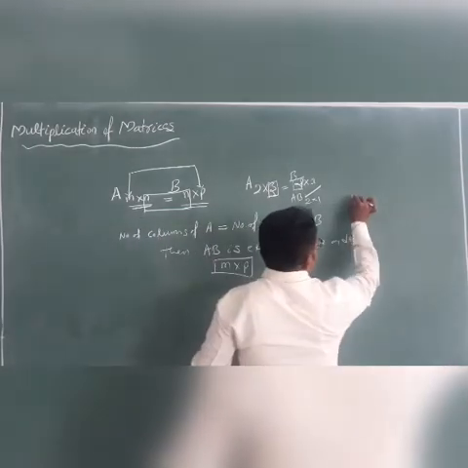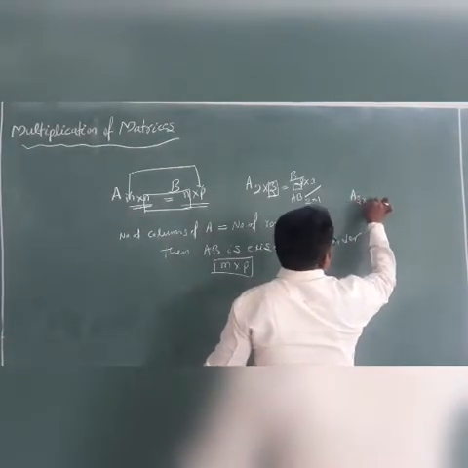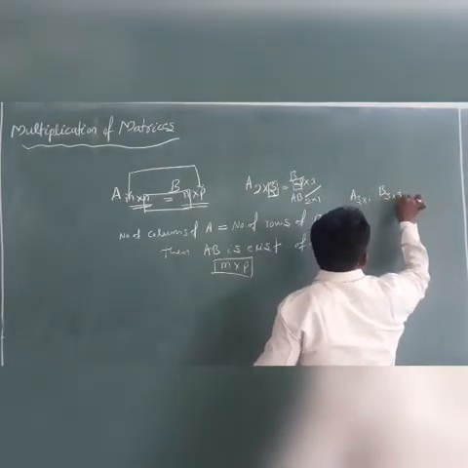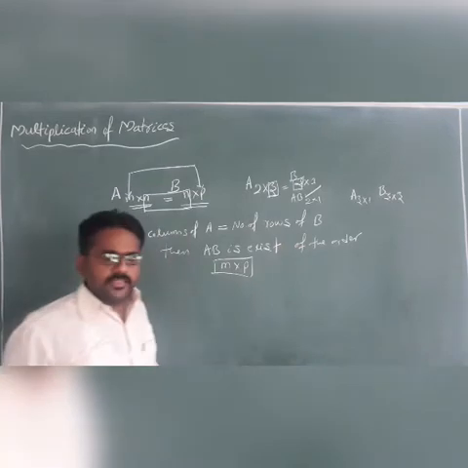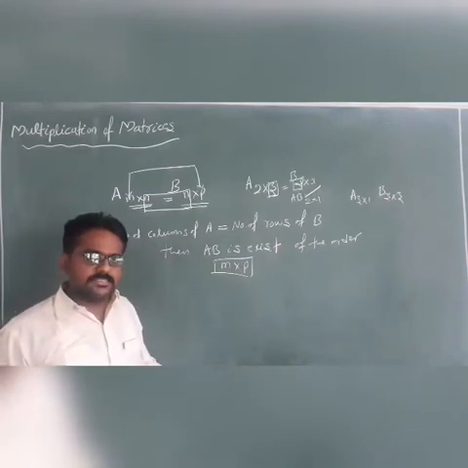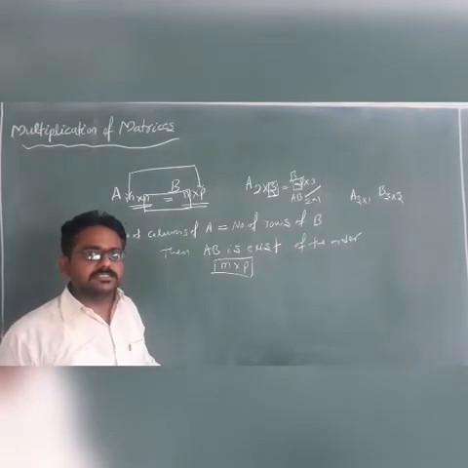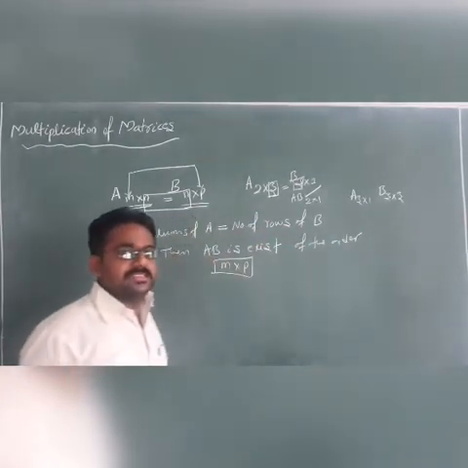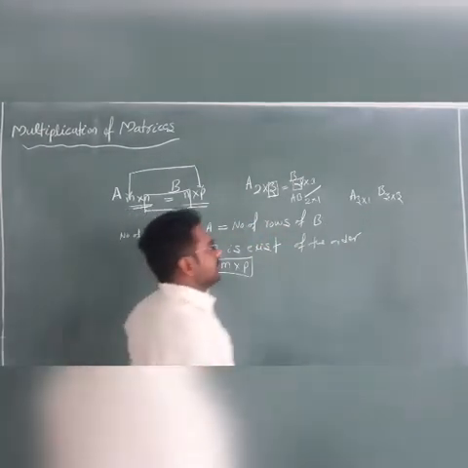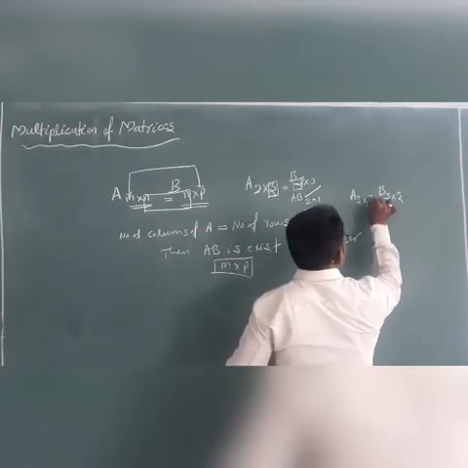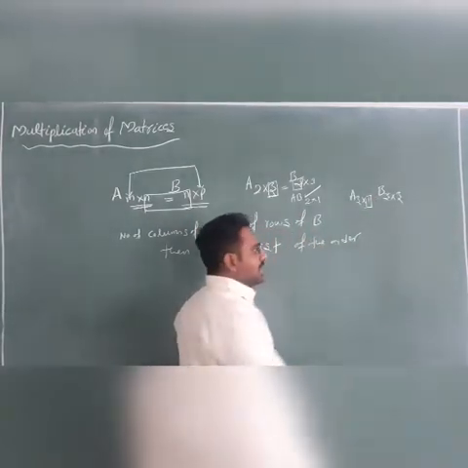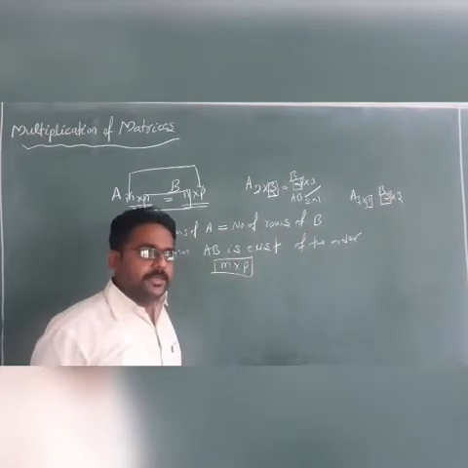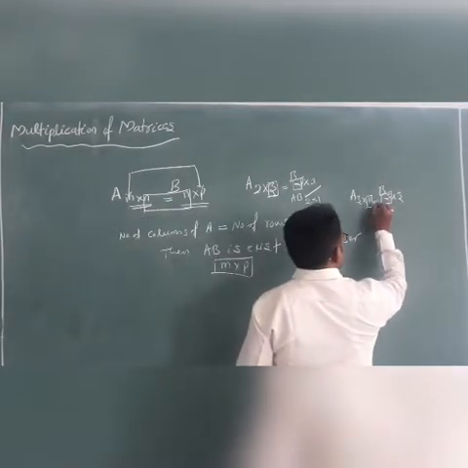If A is of order 3 by 1 and B is of order 3 by 3, does the product AB exist here? No, students. We can't say the product AB exists here. Why? The number of columns of matrix A and the number of rows of matrix B are not equal.